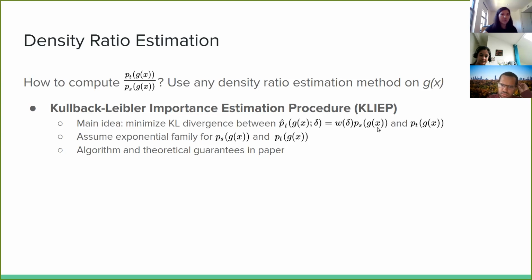In minimizing that, we learn our parameterization of this weight, which is equal to this density ratio. In general, this gives way to a really nice form when we model our source and target as belonging to the exponential family of distributions, which is a pretty broad assumption, I would say. And we have these various theoretical results on this algorithm in our paper.